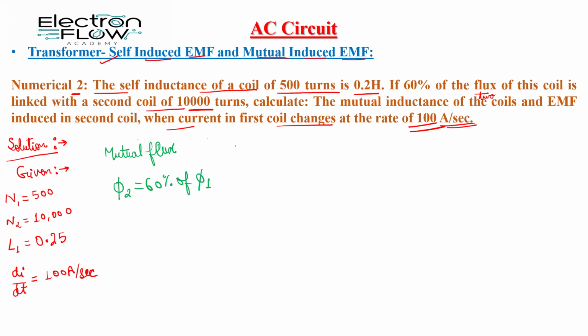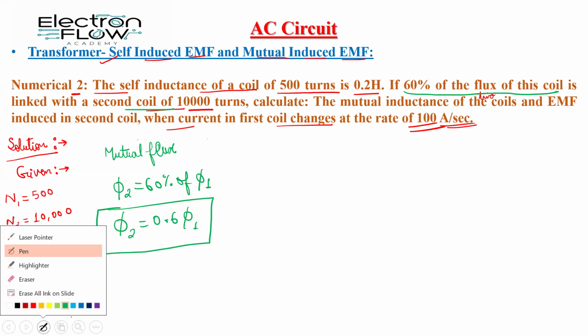This condition is given to us in the question: 60% of the flux of the coil is linked with the second coil. So we can rewrite this equation as phi 2 is equal to 0.6 times phi 1. This is the ratio given to us.